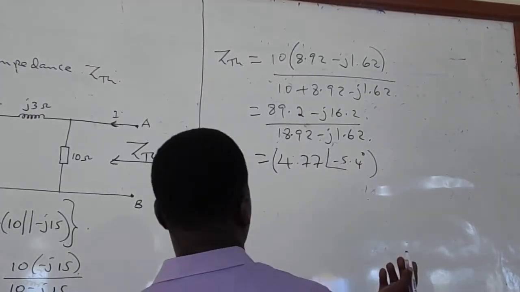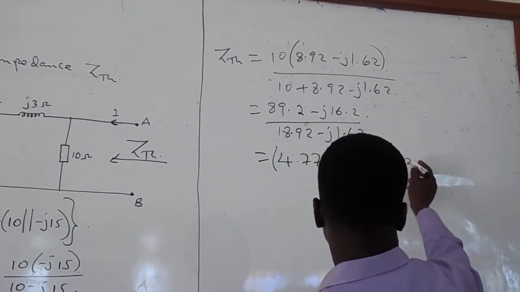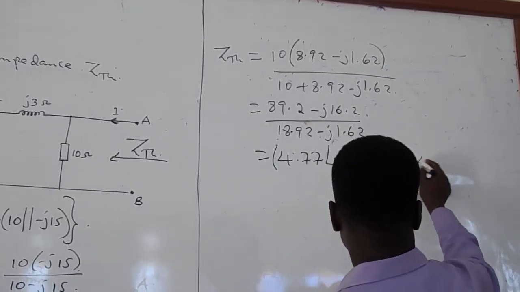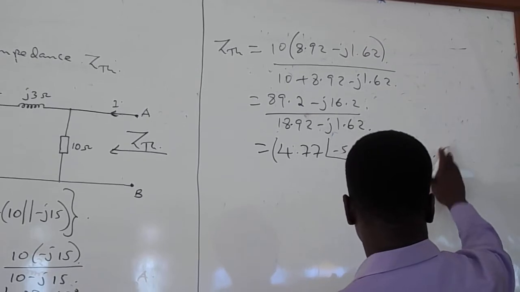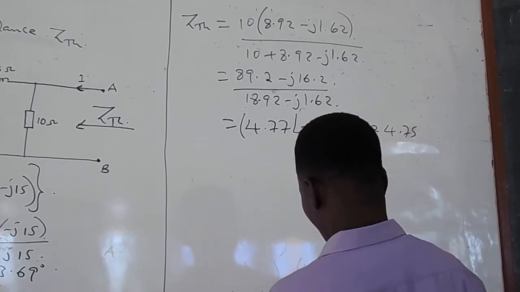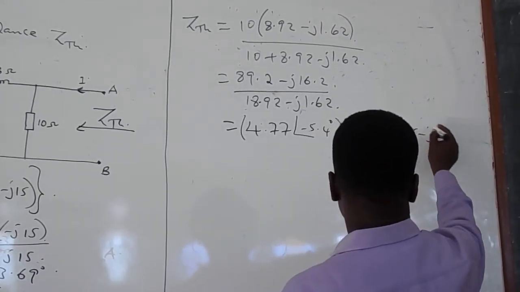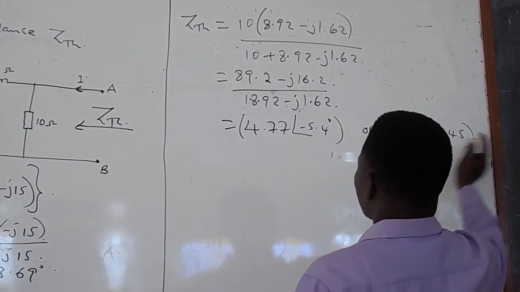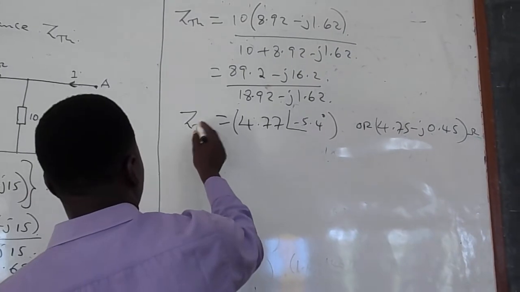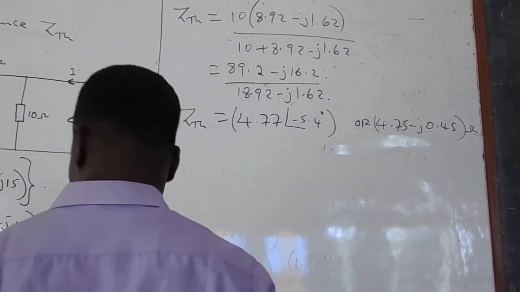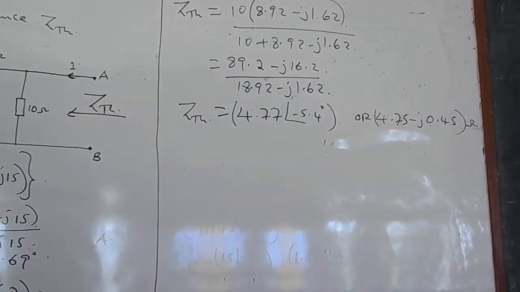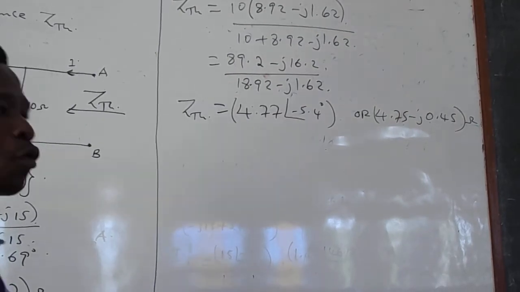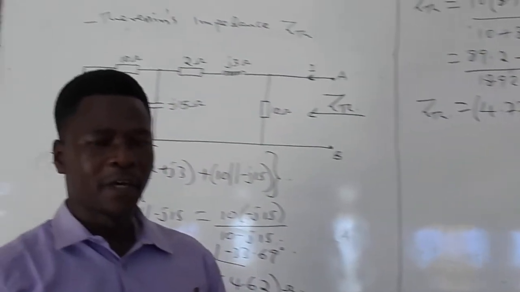That is in polar form, or in rectangular form we have 4.75 minus J0.45 ohms. So that is the Thevenin's impedance.